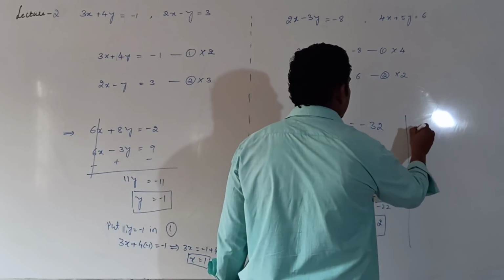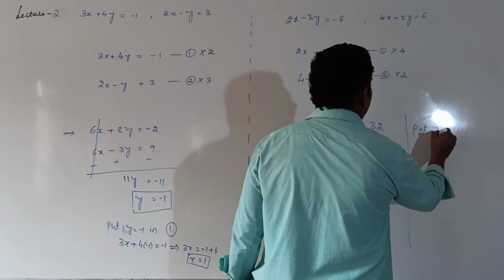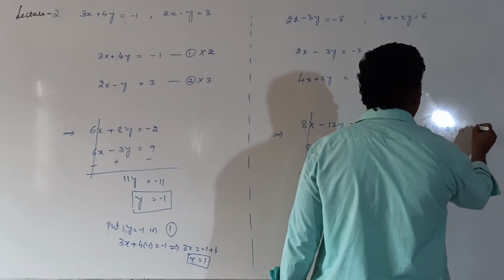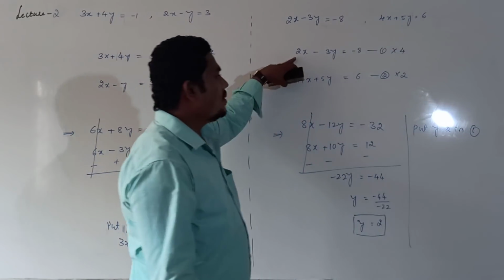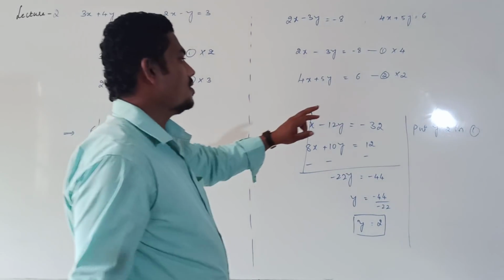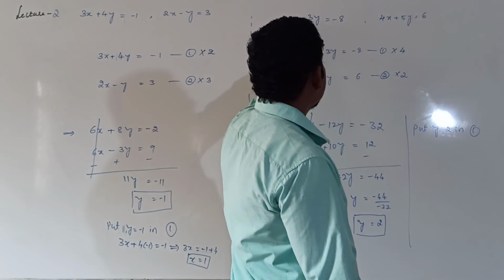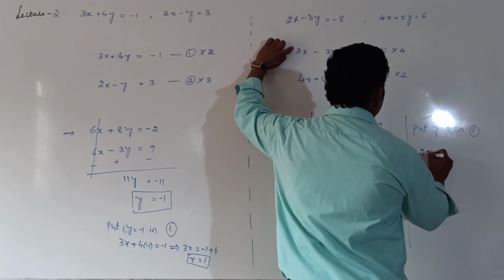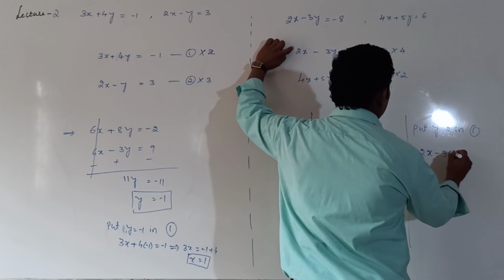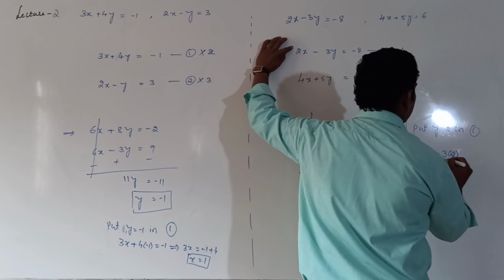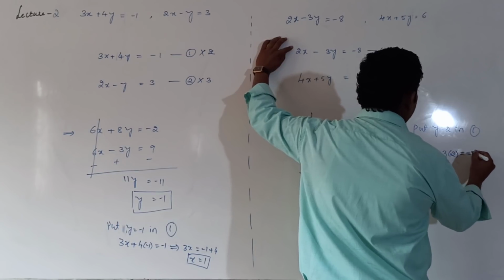After this, put y equal to 2 in equation number 1. Then it will be 2 into x minus 3 into 2, because the y value is 2, equal to minus 8.